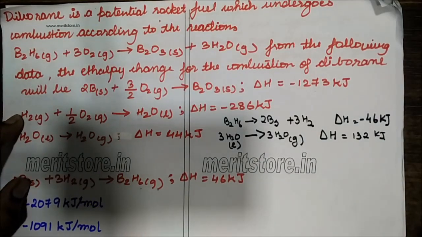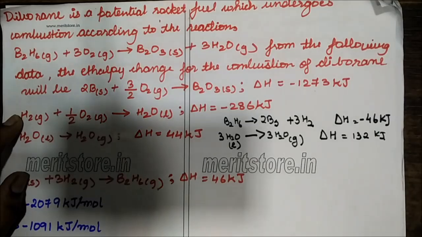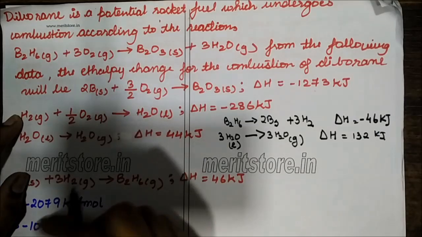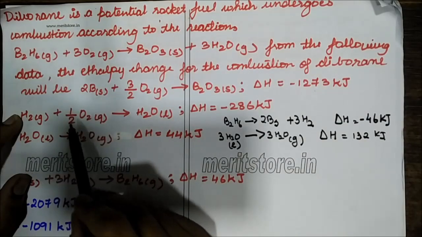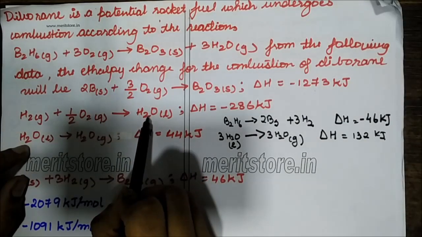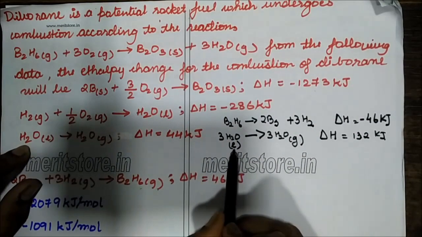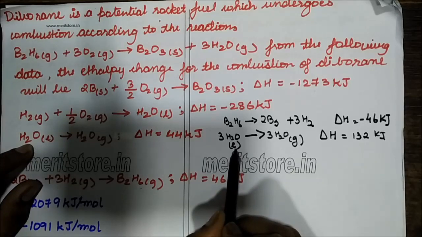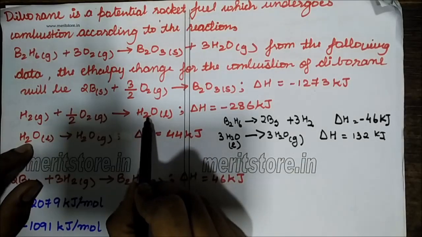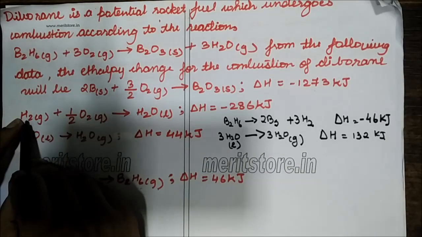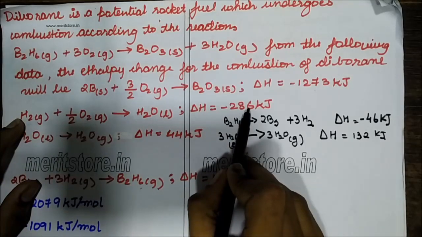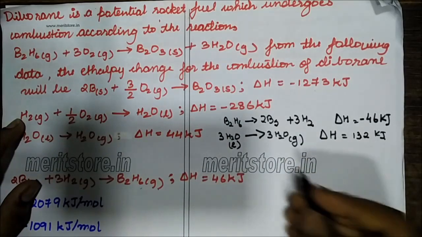Okay, now let's look at this reaction. Now we are concentrating on oxygen first. Okay, see, even if you do not concentrate on oxygen, look at H2O liquid. There is no H2O liquid in this reaction. So this H2O liquid we want to cancel off. That means this 3H2O liquid will be cancelled off if there is 3H2O liquid on the right hand side. So I will have to write this reaction in the same order, but I will have to multiply it by 3.